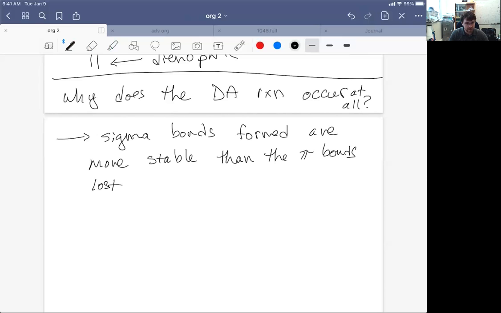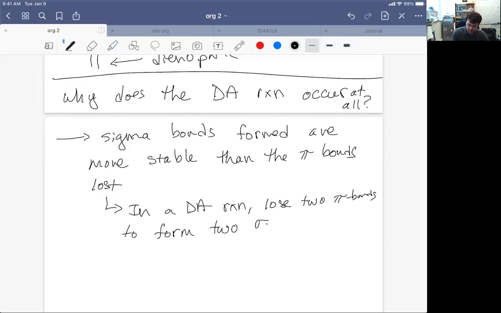Okay, so the sigma bonds formed are more stable than the pi bonds lost. And more specifically, in a Diels-Alder reaction, we lose 2 pi bonds to form 2 sigma bonds, where sigma has this sort of notation to it.